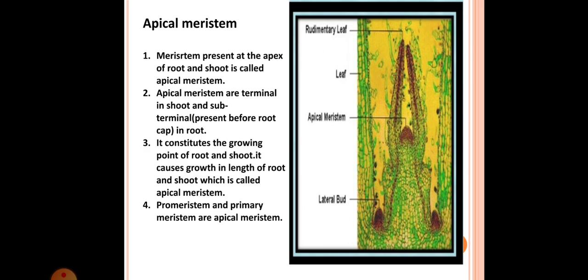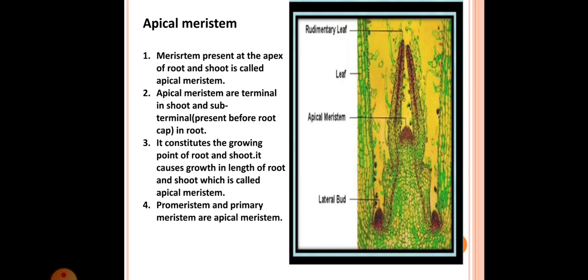Meristem present at the apex of the root and the shoot is called apical meristem. So the frequently dividing cells are present at the apex, at the end of the root and shoot. Apical meristem is terminal in shoot and subterminal in root, that is present before the root cap.